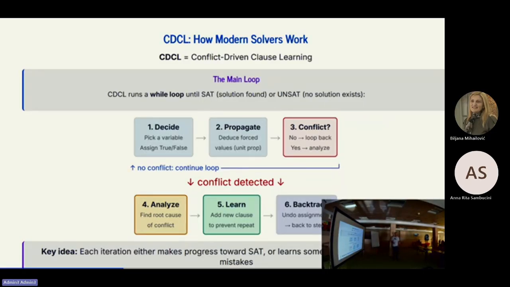If there is no conflict, the loop just iterates. And if the algorithm finds a conflict, we can analyze the conflict. We can learn a new clause to prevent repeating this error, and we backtrack the assignment to the previous step.